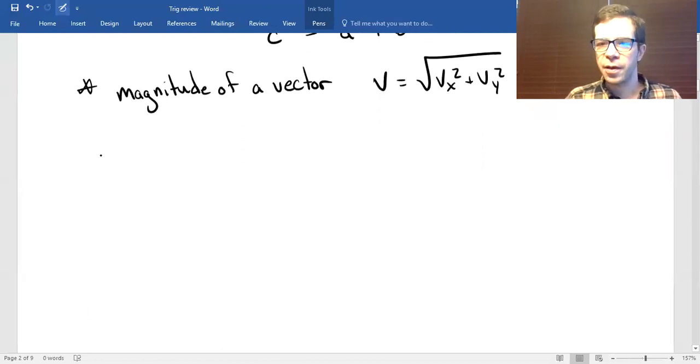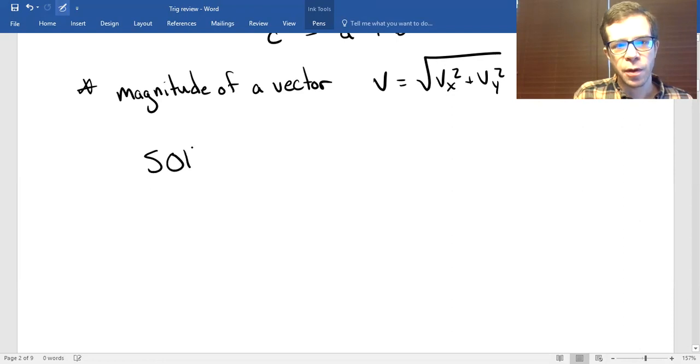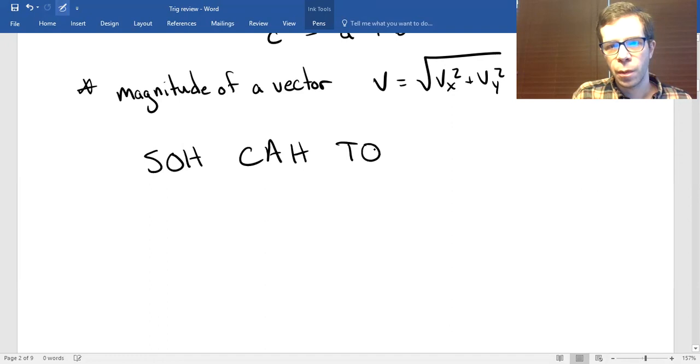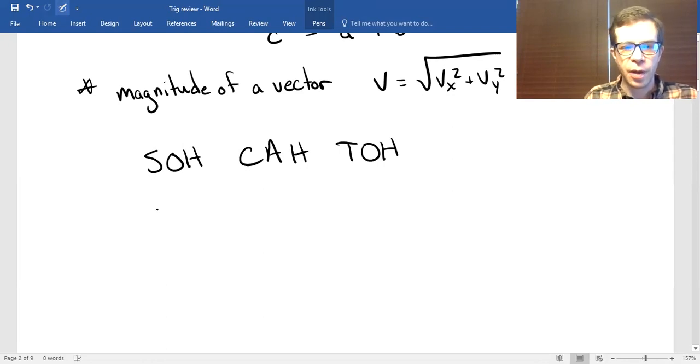All right, we're finally ready to actually define our trig functions. There is a silly mnemonic for this. SOHCAHTOA, just nonsense, but it helps you remember. This stands for sine is equal to the opposite over hypotenuse. So sine theta is equal to the opposite side over the hypotenuse.